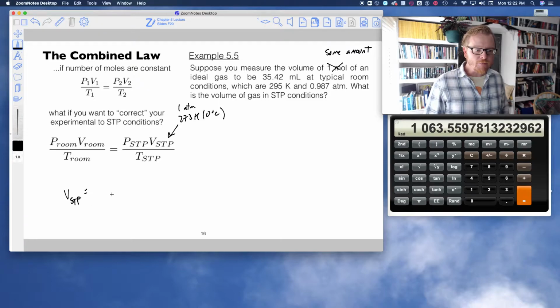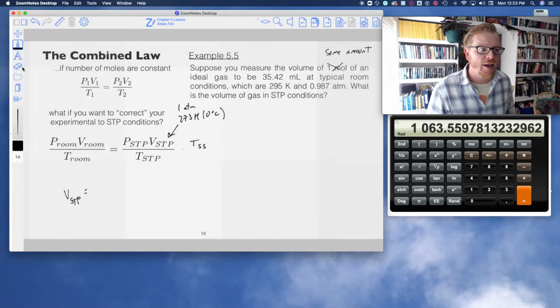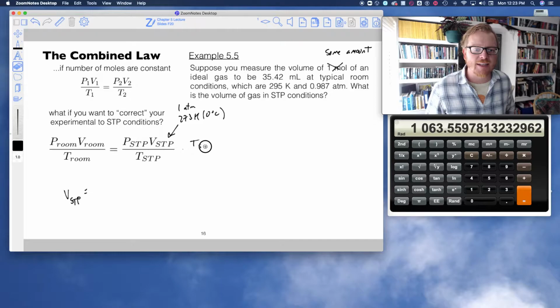Okay, so we're solving for V STP, and I'm just going to quickly do the algebra here. Just to tell you really quick what I'm doing, I'm going to multiply both sides by T over P. So I'm going to multiply this by T STP divided by P STP, right? I keep writing S, and I can't say T while I write S for some reason.